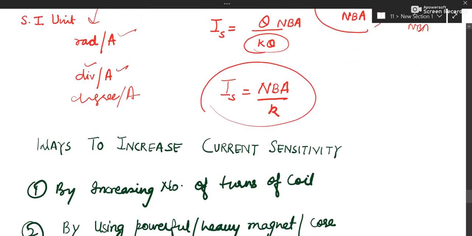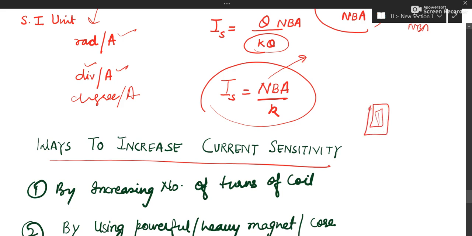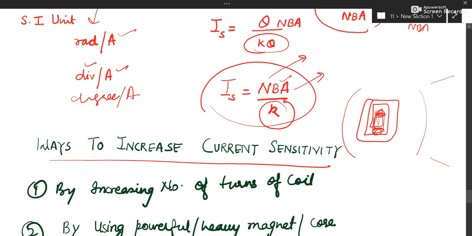Now the next question is, what are the ways to increase current sensitivity? By increasing the number of turns in the coil? Yes. By increasing magnetic field, so you can employ a heavier magnet, or you can use a big soft iron core. You can increase the area of the coil, or you can decrease the torsional constant.